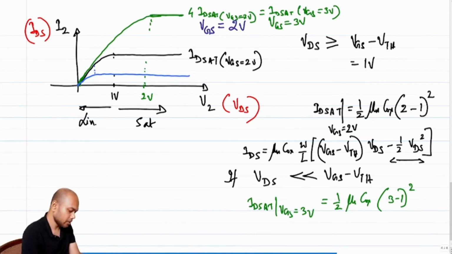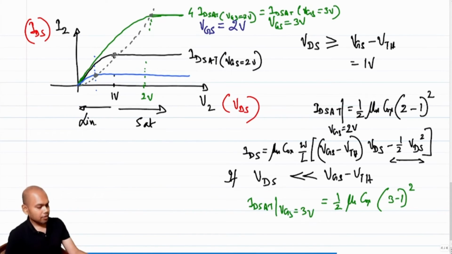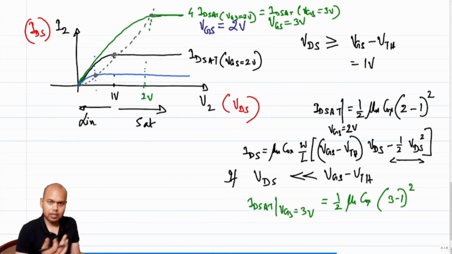So here, the lower the VGS, the demarcation voltage of VDS goes closer and closer to the origin, right? So now if I join these demarcation voltage dots, I will get a curve. What will this curve look like, or rather what will this curve mean?